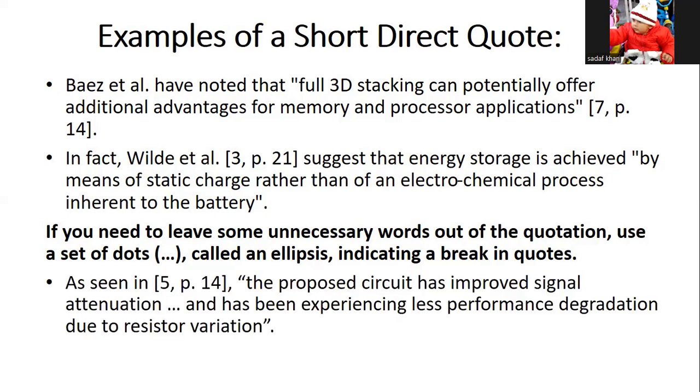For instance, as seen in citation 5, the reference, and page number 14, then we have a comma, and then whatever has been quoted in between, there are 3 dots, called ellipses. We don't have any idea how much material has not been used, but as it was not needed, the author has not mentioned it.